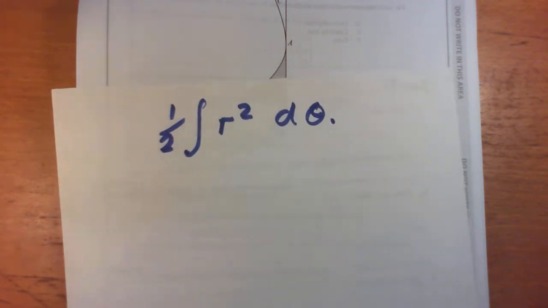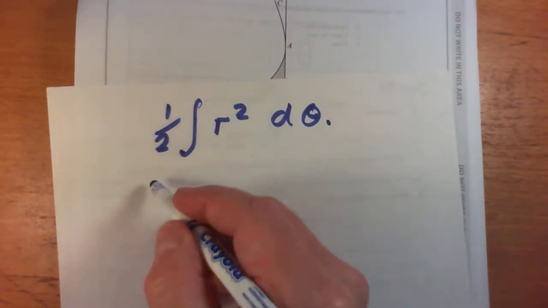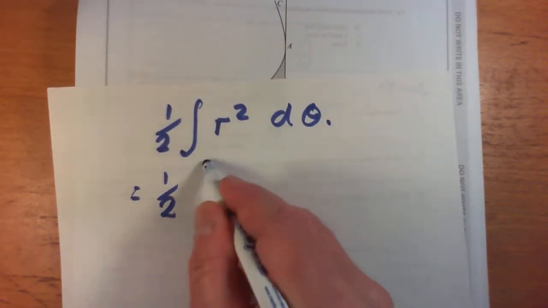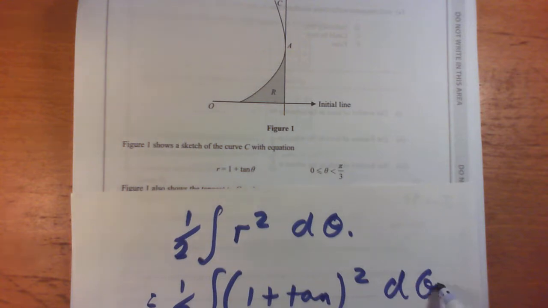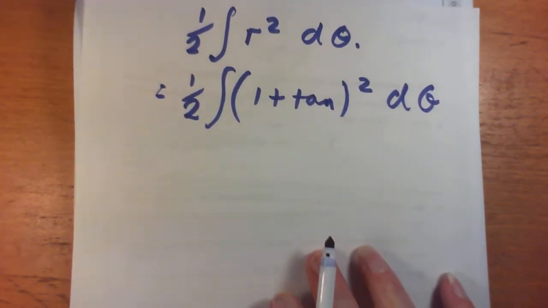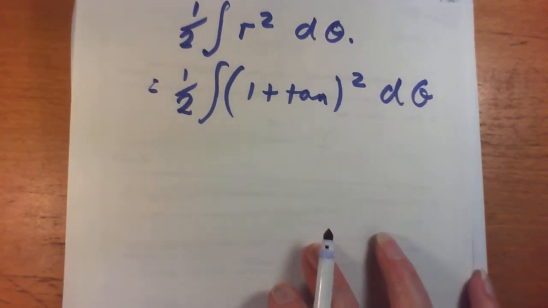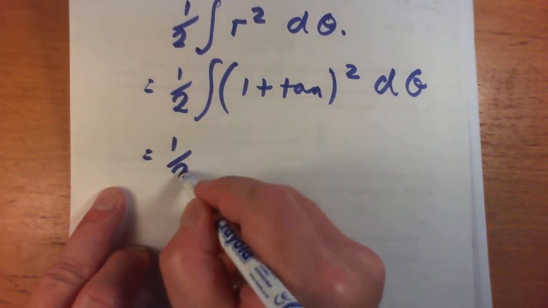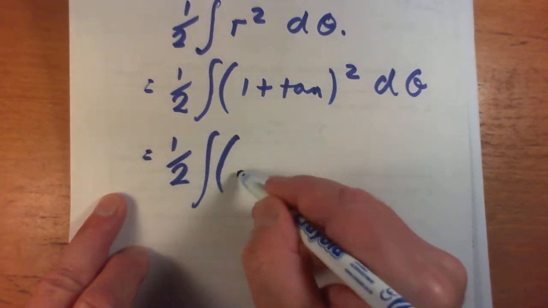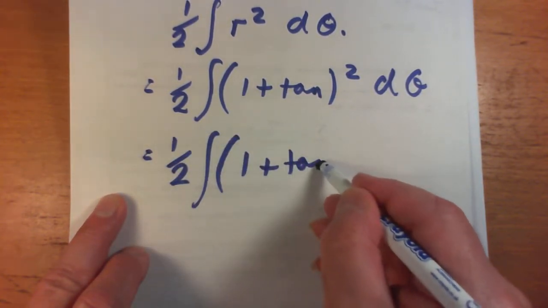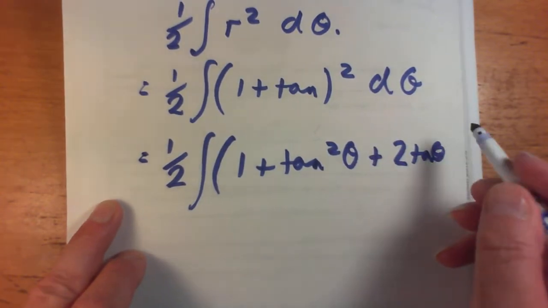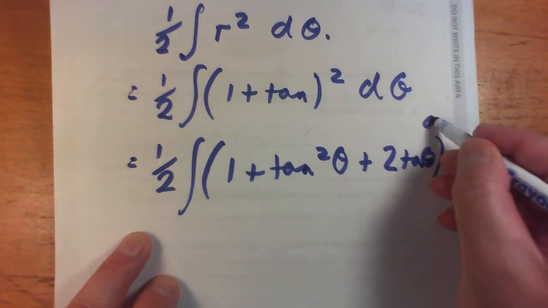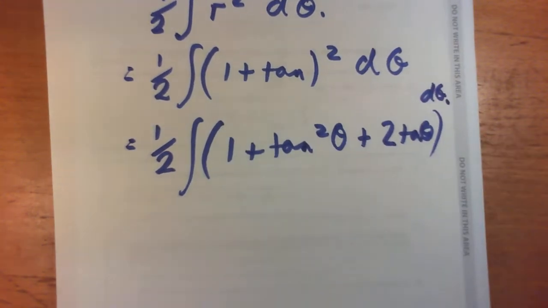That's the integration that you're going to have to do, which equals half the integral of r squared, which is 1 plus tan theta all squared, d theta. So that equals a half of 1 plus tan squared theta plus 2 tan theta. Right, I'm going to have to squeeze this in, but you know what I'm saying.